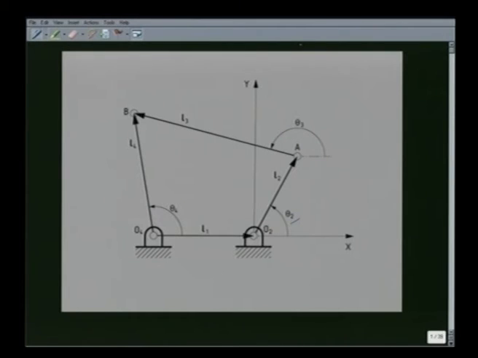To do this, first we set up a Cartesian coordinate system x y with O2 as the origin. The first task, as I said, is to identify a closed loop, namely O2, A, B, O4, O2. Then the link lengths L1, L2, L3, L4 are represented by 4 vectors, namely L1, L2, L3 and L4.